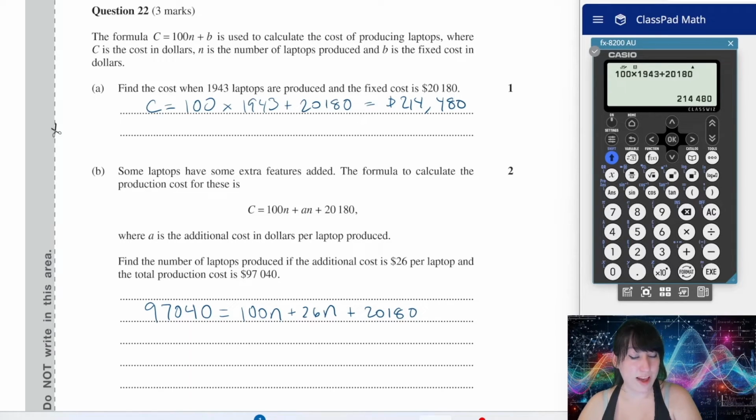And now we have to solve for N. Before we go and do that, the best thing to do would be to combine the like terms on the right side of the equation. 100N plus 26N is 126N. Now we'll solve for N. First, we'll subtract the 20,180.